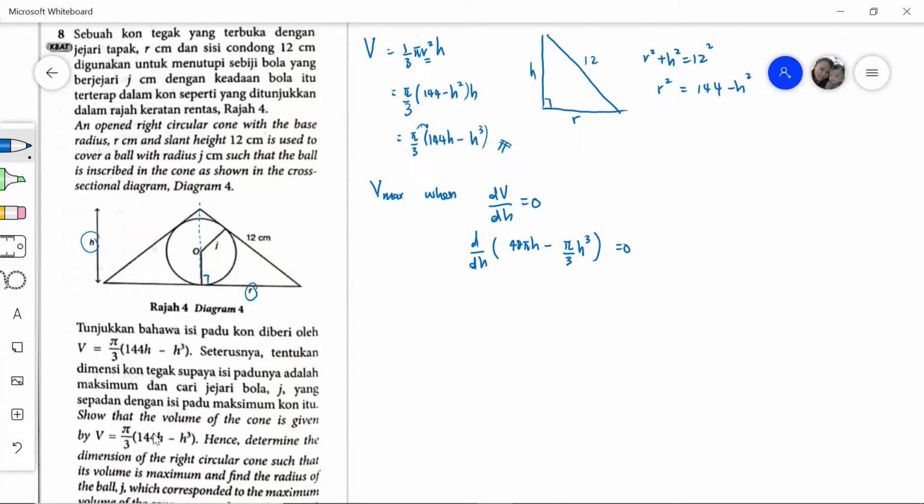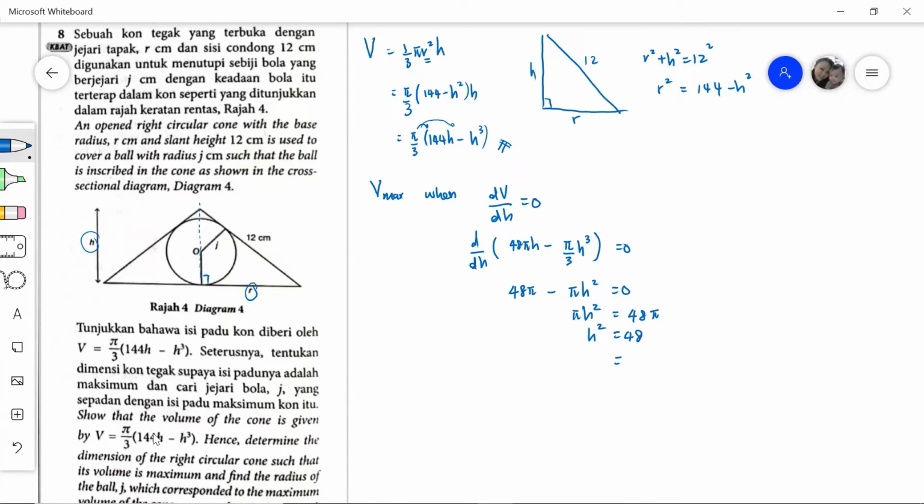I open up the bracket first, and now let's differentiate it. We have 48 pi minus pi h squared equals 0. So pi h squared equals 48 pi. Therefore, h squared equals 48.